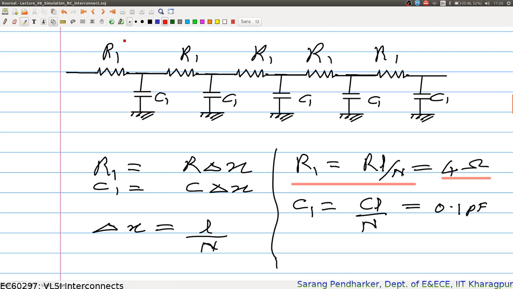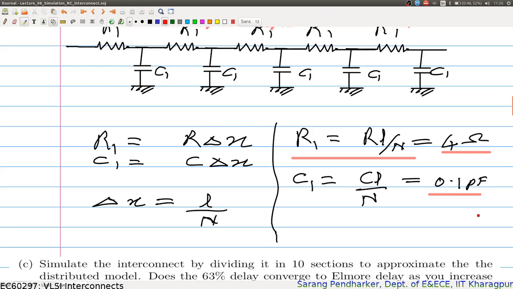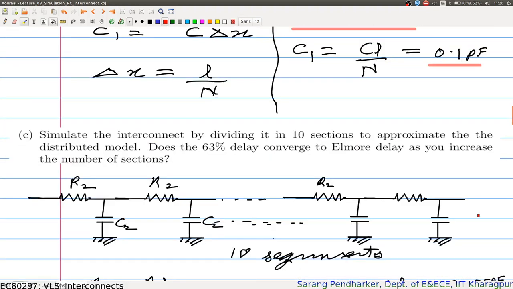So all these are 4 ohms, and then capacitances are 0.1 picofarad, because the entire interconnect capacitance was 0.5 picofarad. So I divide it by 5 to get 0.1 picofarad. Right? So similarly, I can segment this into 10 sections as well.